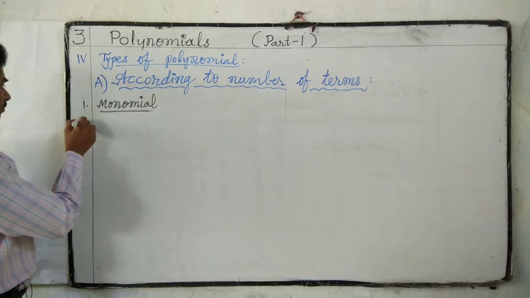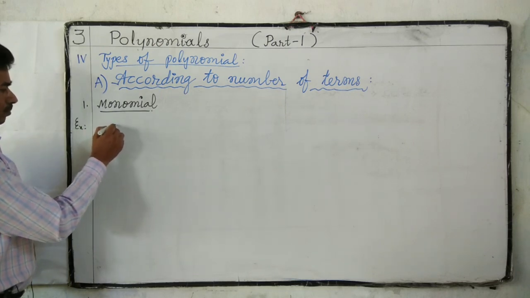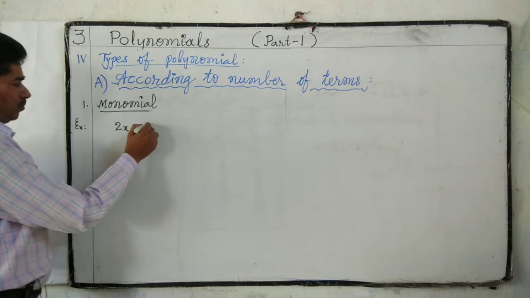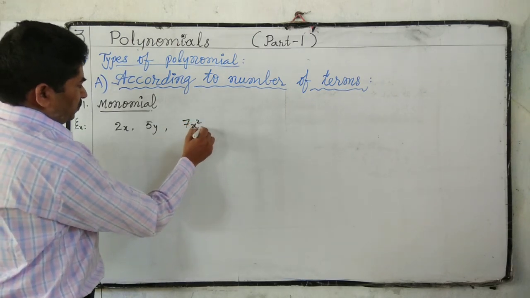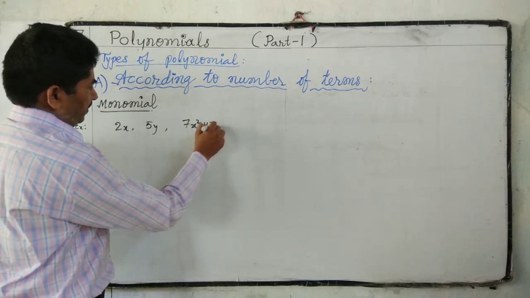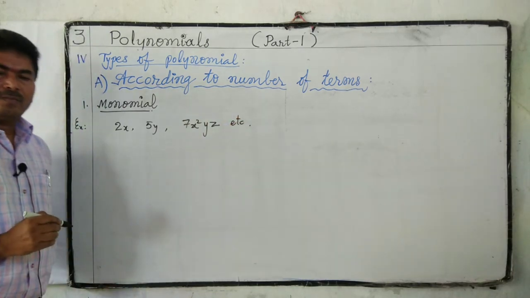Example, 2x, 5y, 7x square yz, etc. These all are monomials.